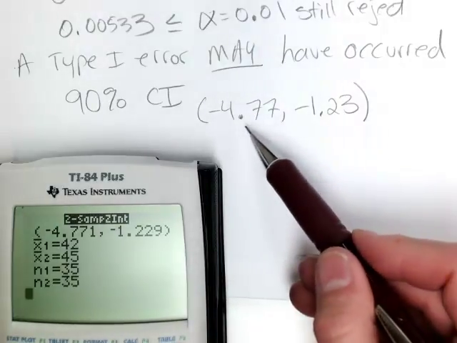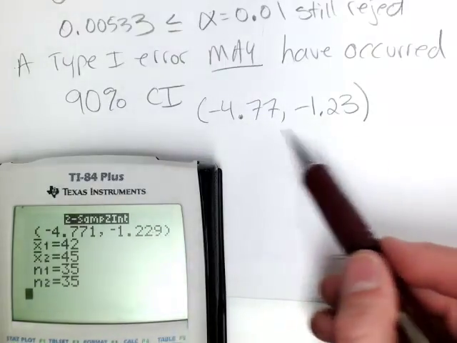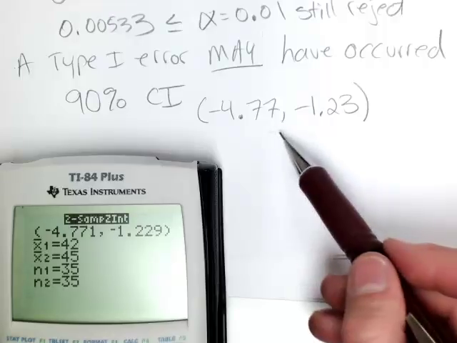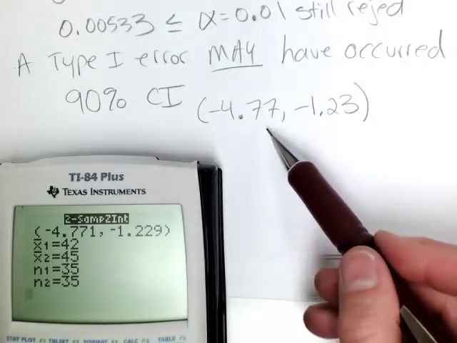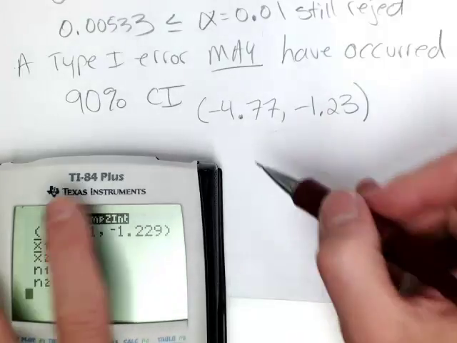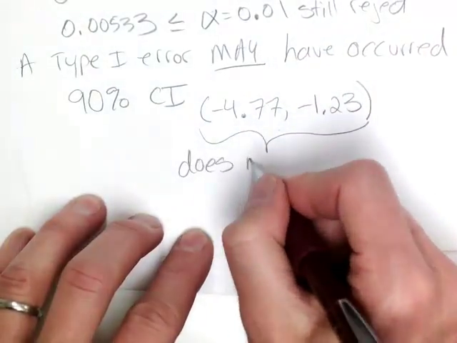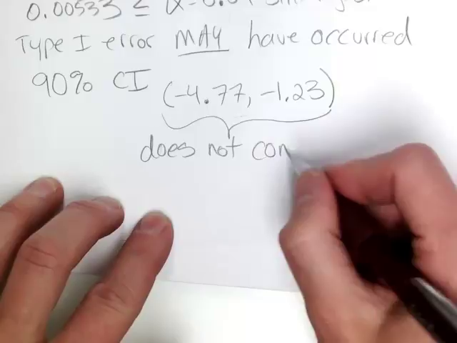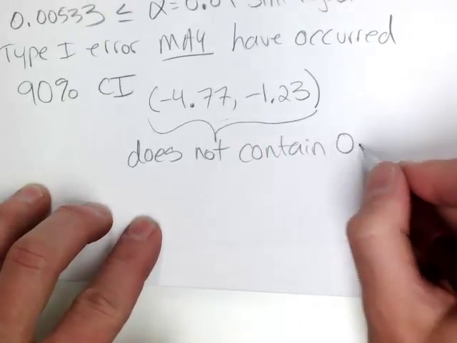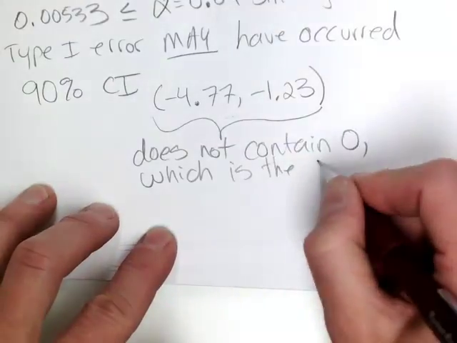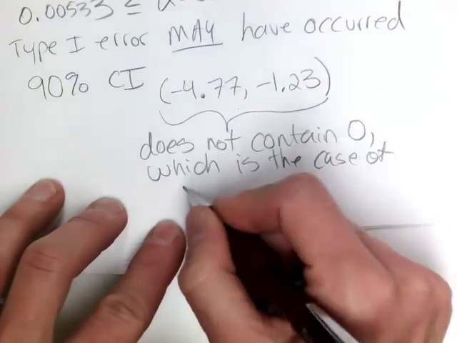When that happens, our confidence interval limits are negative, just based on the order of subtraction. But one thing to keep in mind is this interval does not contain 0, which is the case of equality.